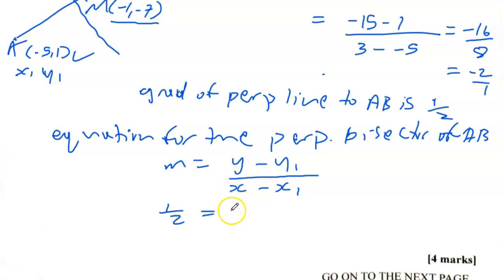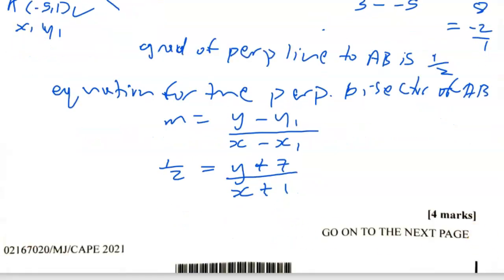So it's y minus, this is the y coordinate, so y minus minus 7 becomes y plus 7, over x minus minus 1 becomes x plus 1.